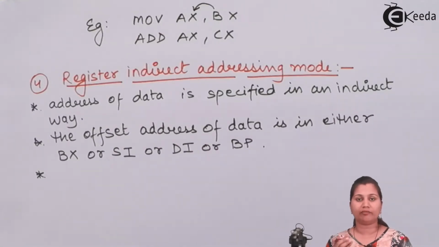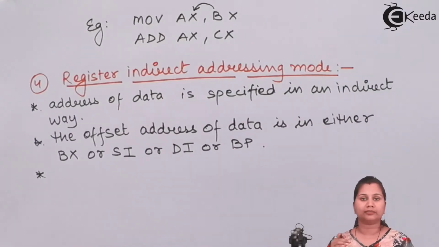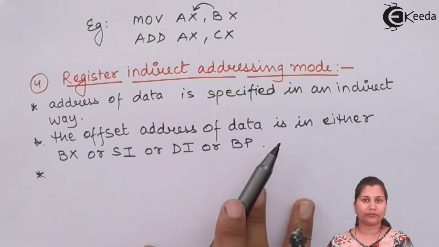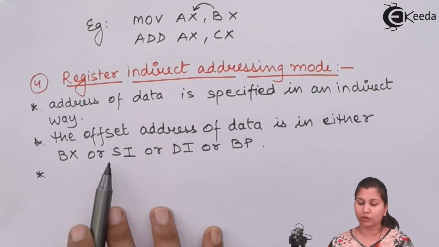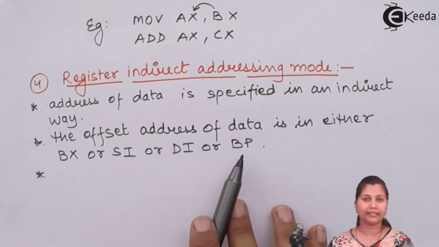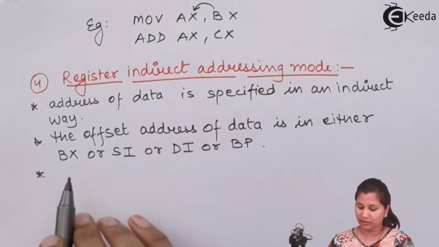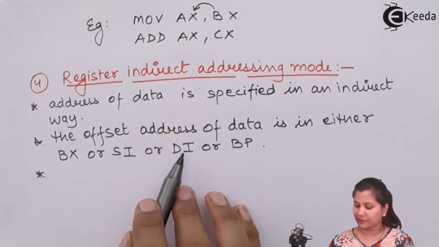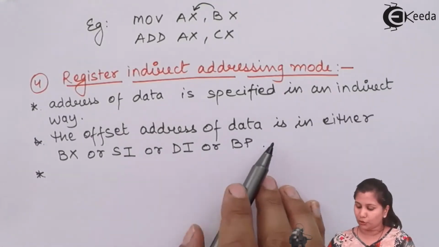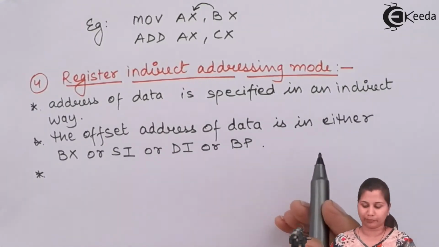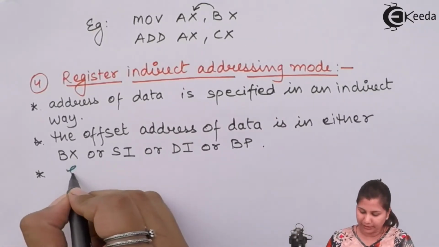It means the register in which the address is stored is specified in the instruction, and the data is stored at that memory location. So it is specified in an indirect way. The offset address of the data is in either the BX or the SI or DI or BP. BX is the base register. Then we have the source index, destination index, or the base pointer. So these registers can be used to contain the offset address of the data. Let us take an example so that it will be clear to you.